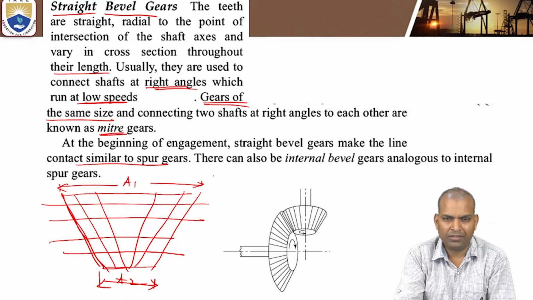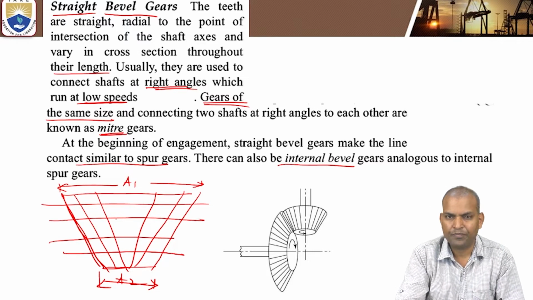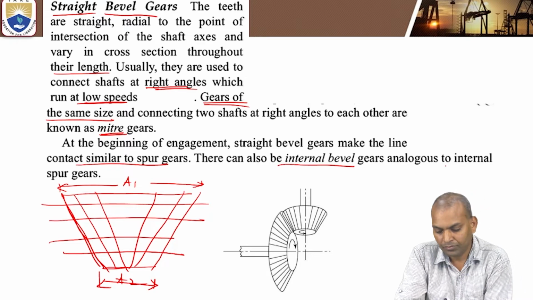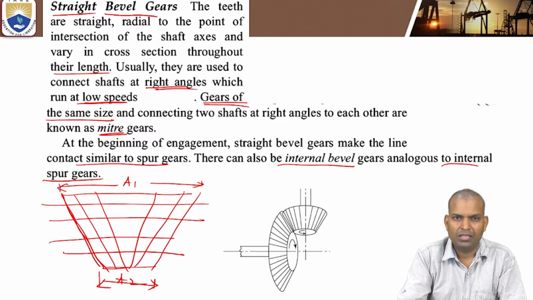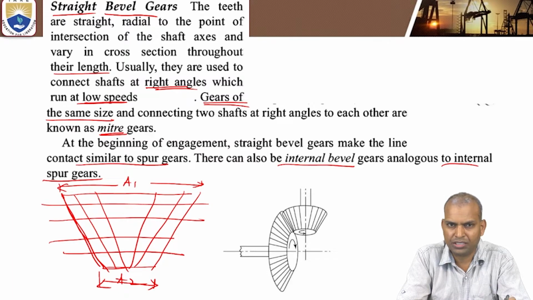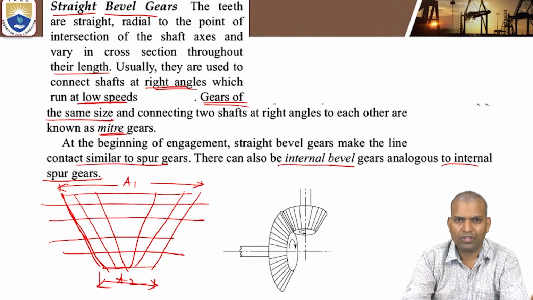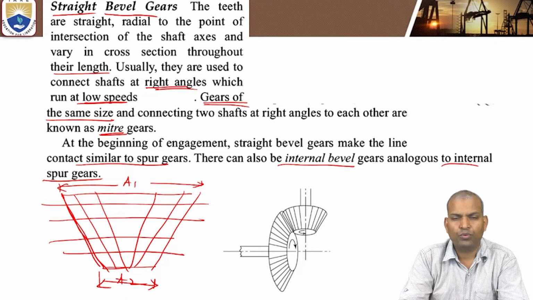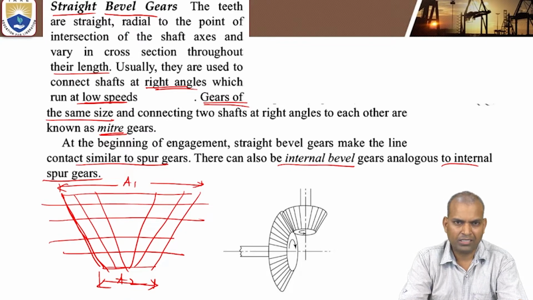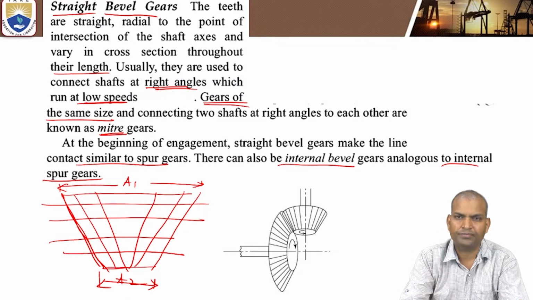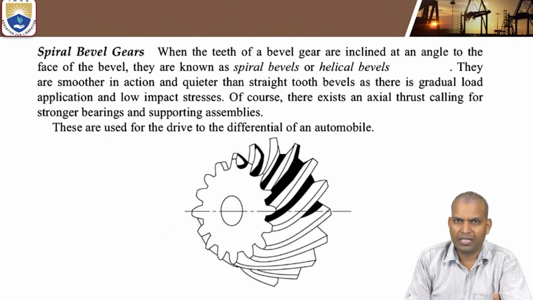Those internal contact bevel gears are known as internal bevel gears, similar to internal spur gears. So with external mesh, driver and driven gears rotate in opposite directions, whereas with internal meshing, both rotate in the same direction. Now these are the straight bevel gears.